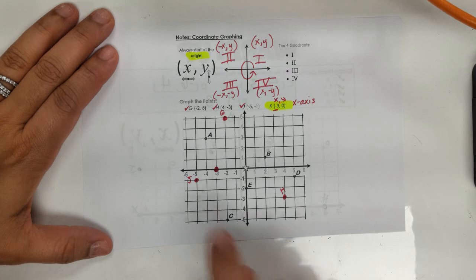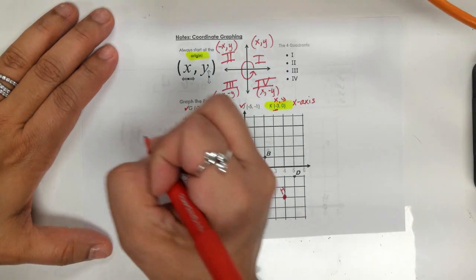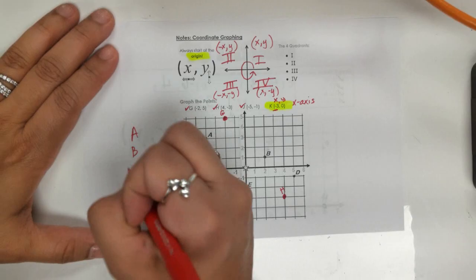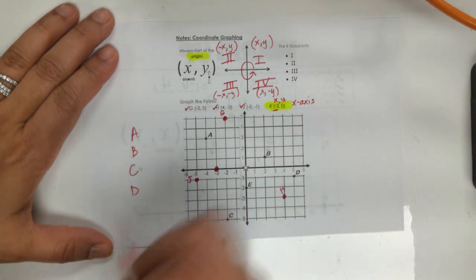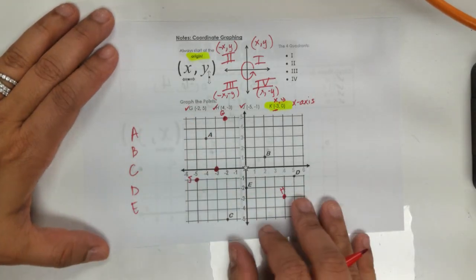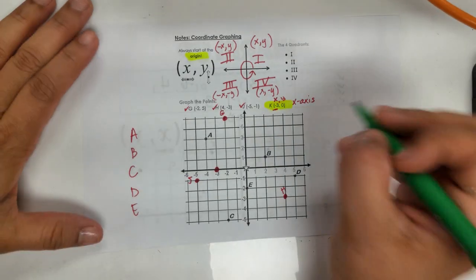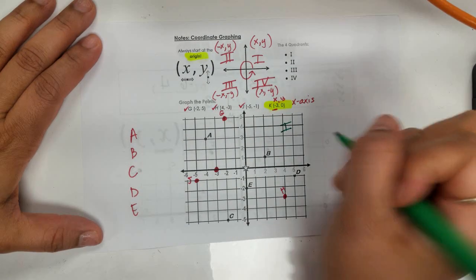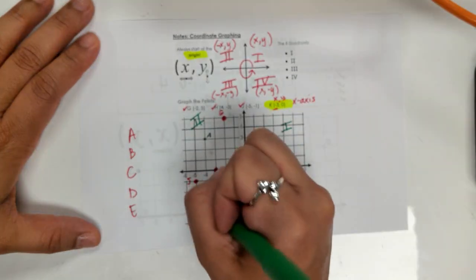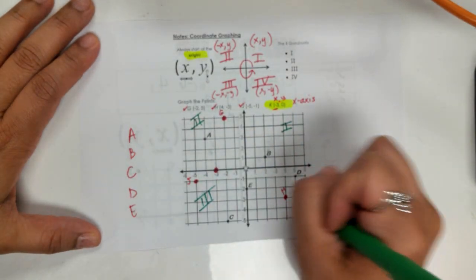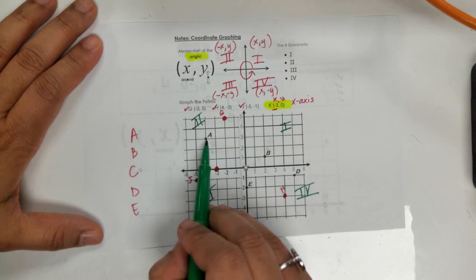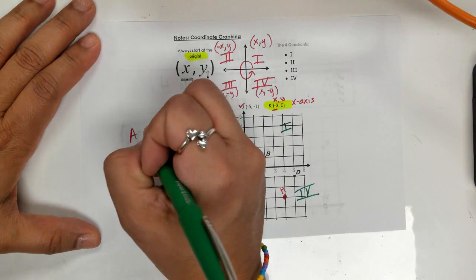All right, so I'm going to go ahead and write to the side, if you will, with me, A, B, C, D, and E. Okay, and I'm going to put what quadrants they're in. So go ahead and label your quadrants. We have quadrant 1, 2, 3, and 4. So point A is in quadrant 2.